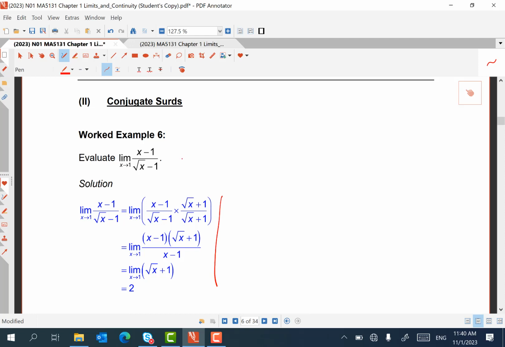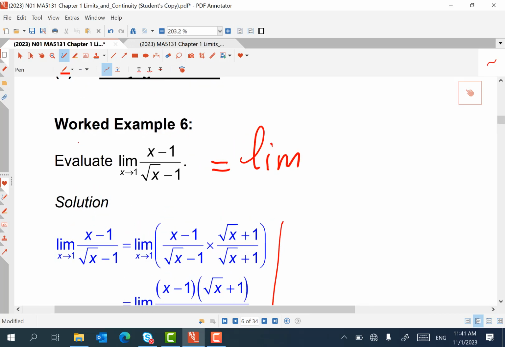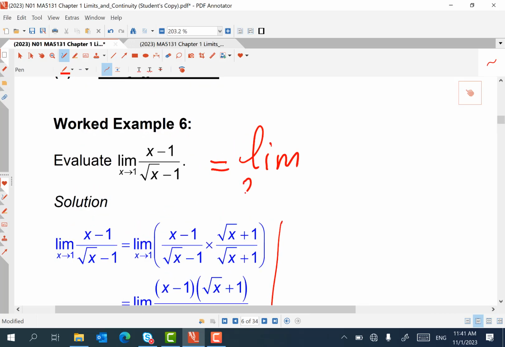There are people who do it differently. You could factorize it like this.